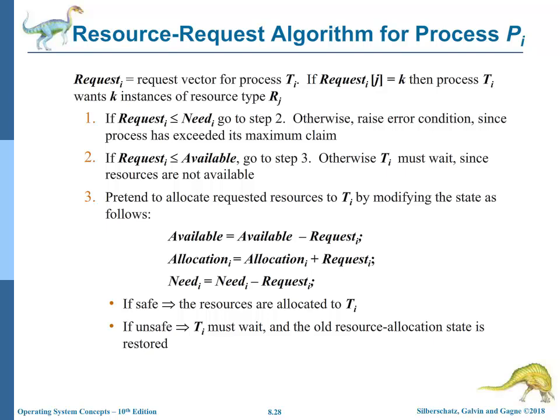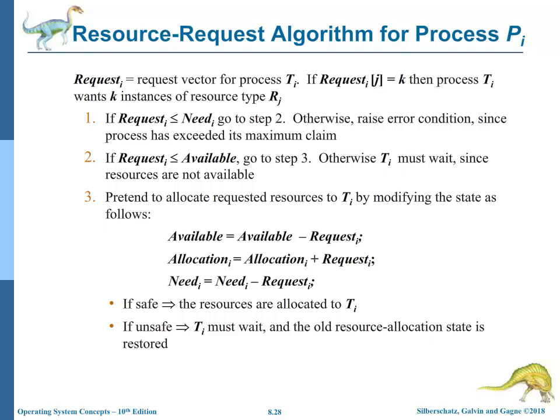A resource request algorithm checks how a system will behave when a process makes each type of resource request in a system as a request matrix. Let's create a resource request array Ri for each thread Ti. If Request[i][j] = k, then process Ti wants k instances of resource type Rj.